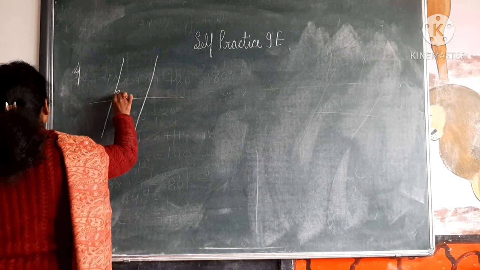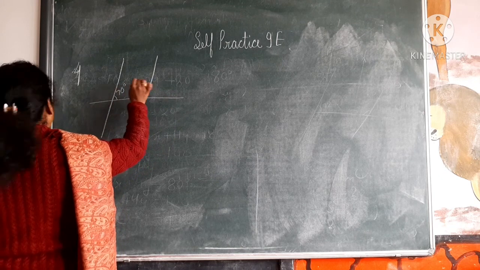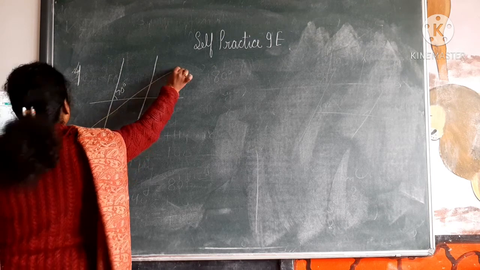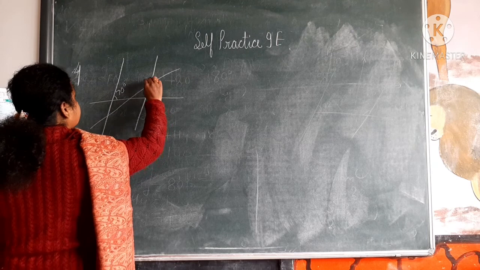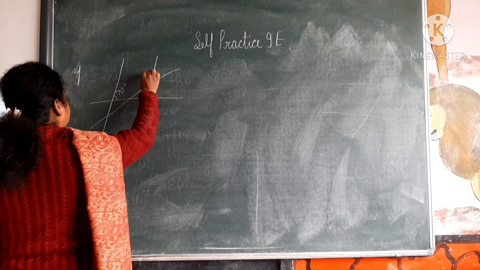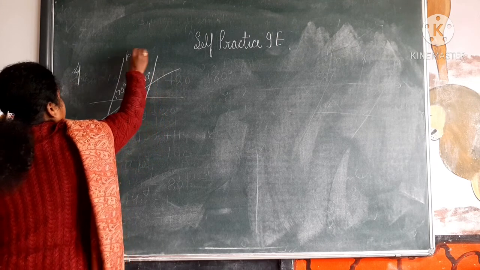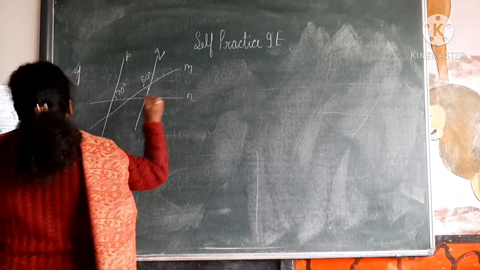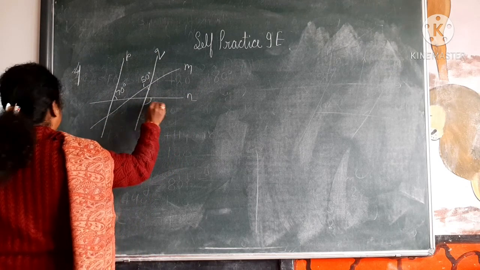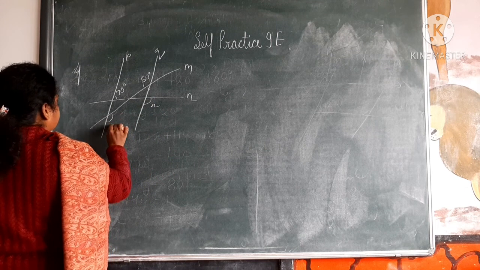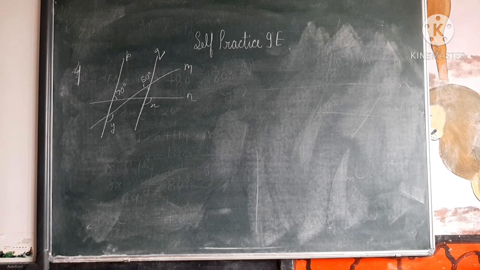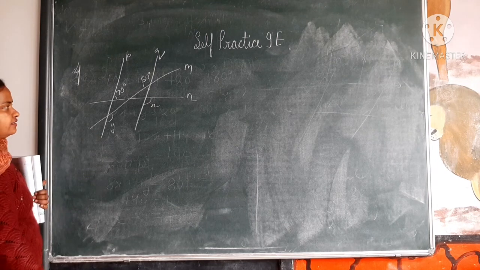This is 70 degree. Okay. Here one transversal is cutting like this. This becomes 50 degree. And this is your X and this one is your Y.